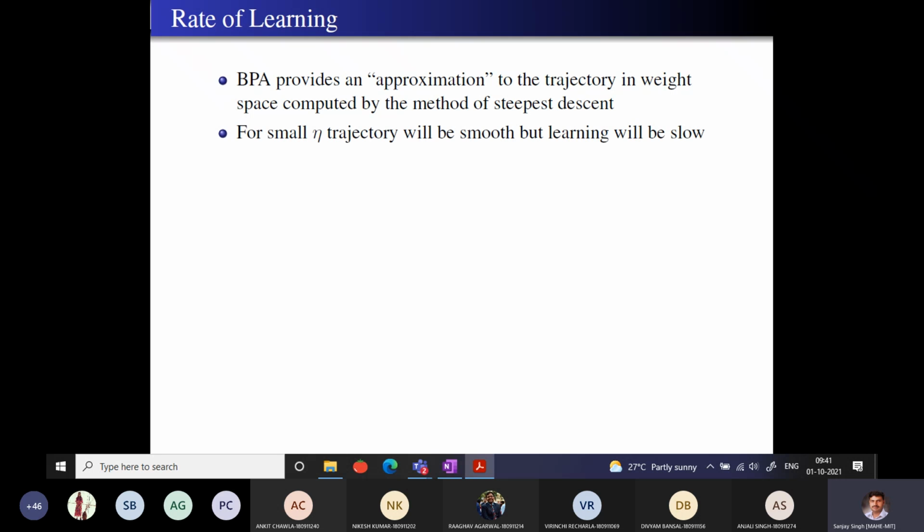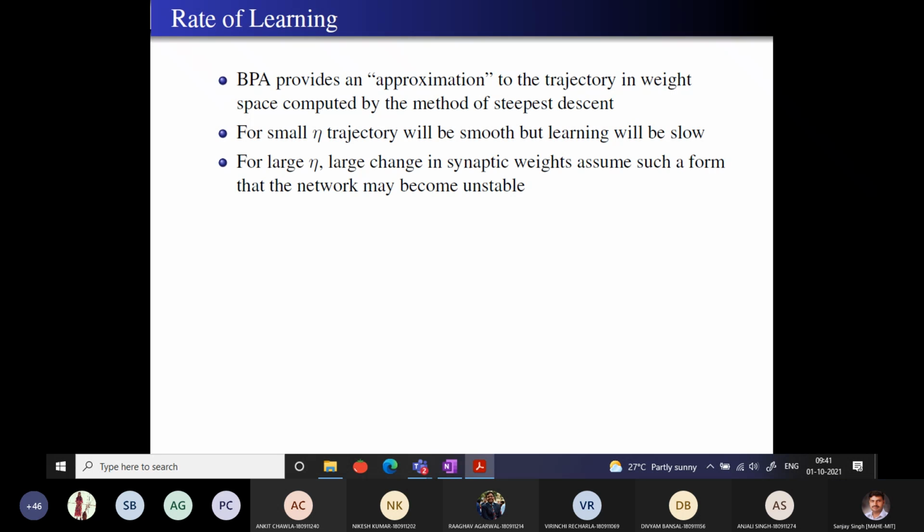But there is always a problem: for a small value of eta, the learning rate, the trajectory will be smooth, but learning will be slow. Because you're taking very small baby steps, it will take a lot of time to converge. Convergence means the synaptic weights are not changing anymore.